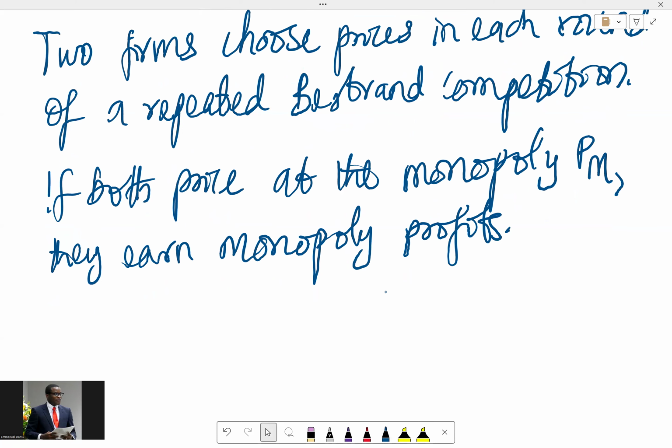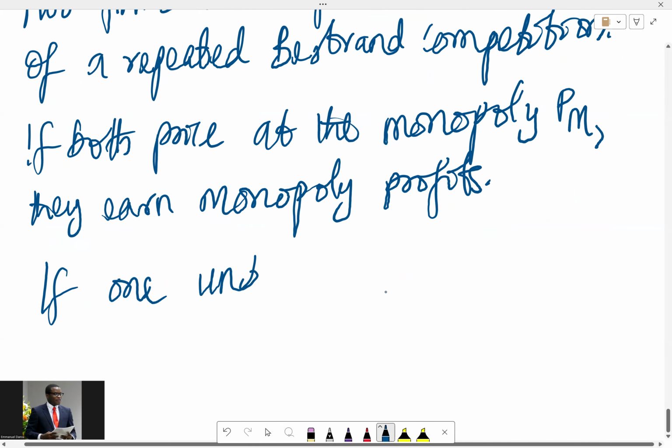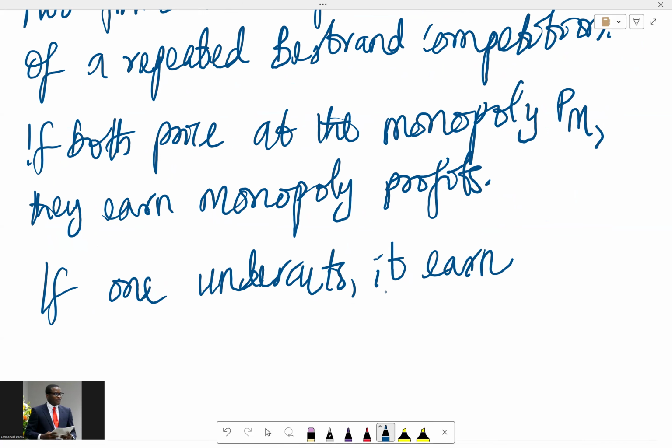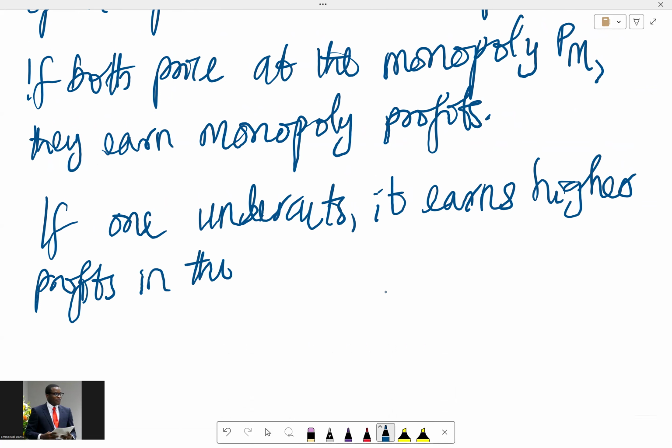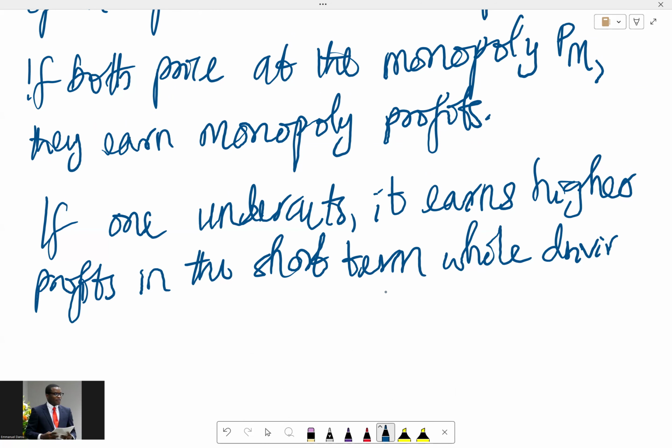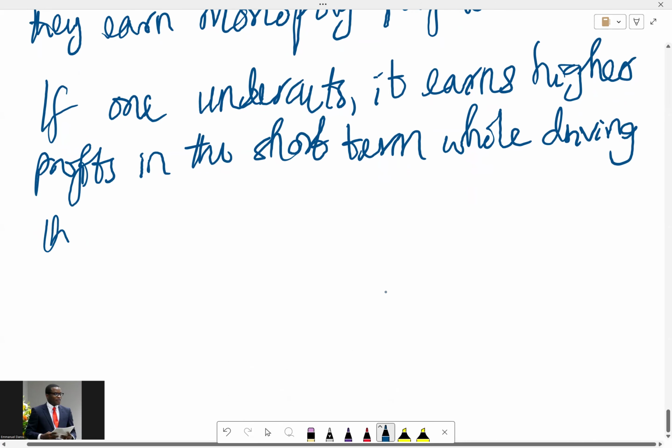So if one undercuts, it earns higher profits in the short term, while driving the other to earn less.